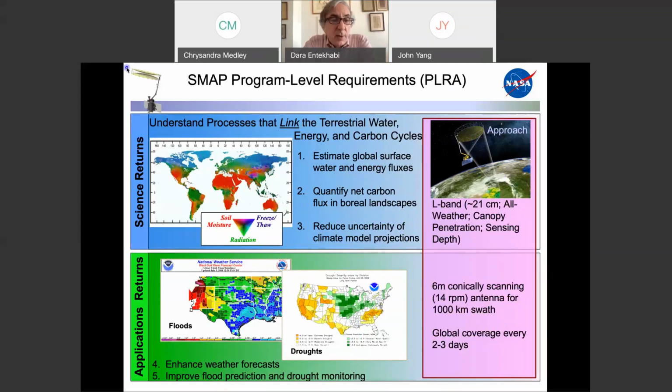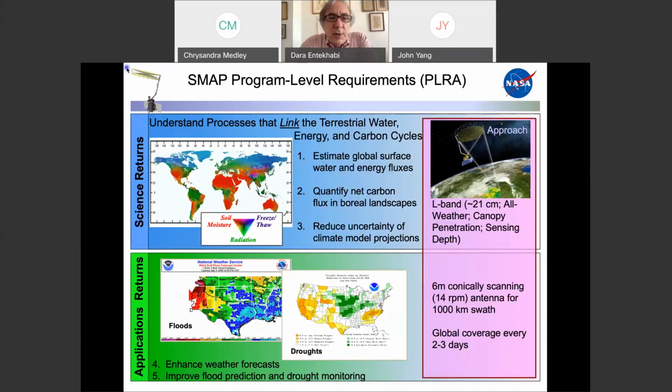And then floods: soil moisture is a strong condition for the transformation of precipitation into runoff. You can have the exact same precipitation event. A majority of it can become runoff, or none of it can become runoff, depending on what the soil moisture is. So it's essential in flood prediction.